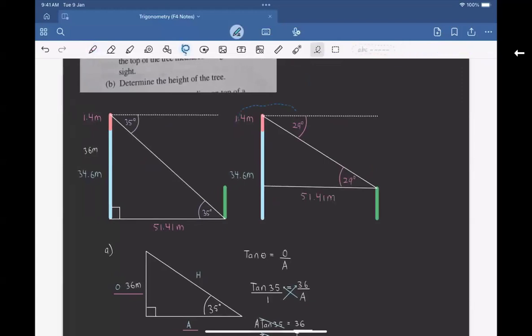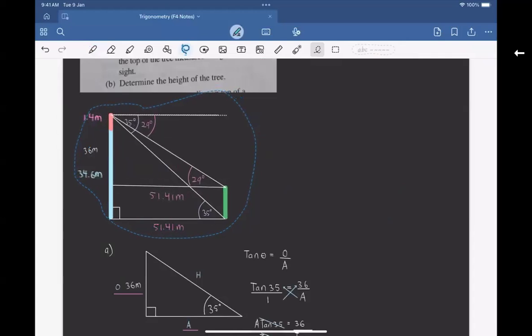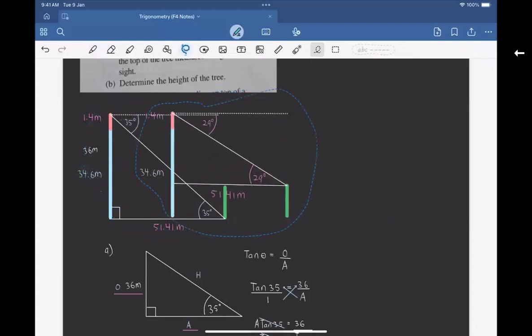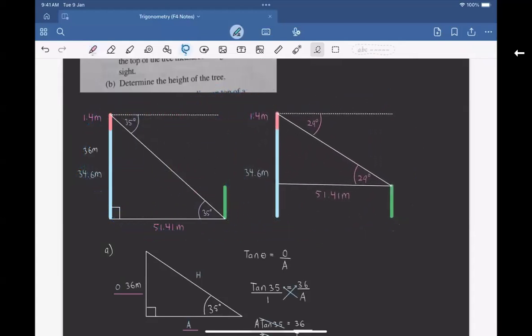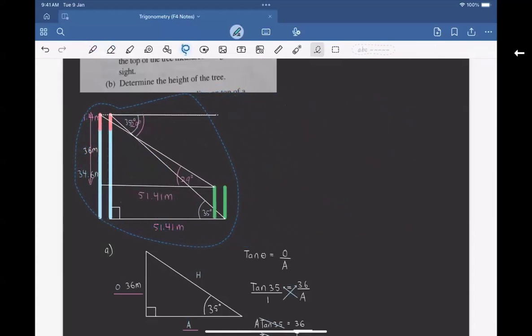But check this. I'm going to overlap the diagrams now. If I want to find the height of the tree, this is what I propose: we had to find this length. Tell me, Nicholas, if I find this length, what else do I have to do to find the length of the tree?